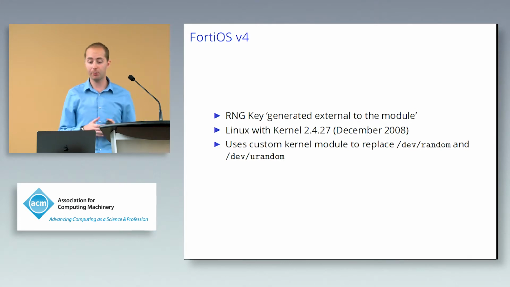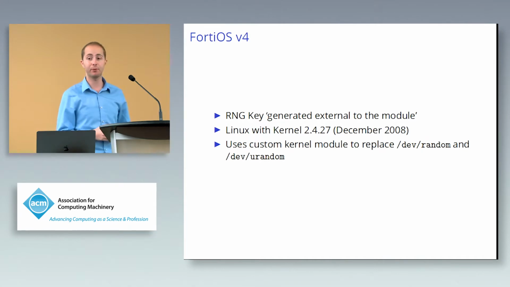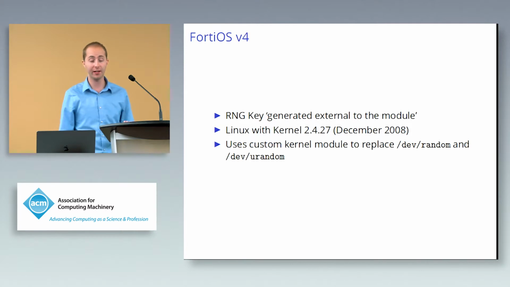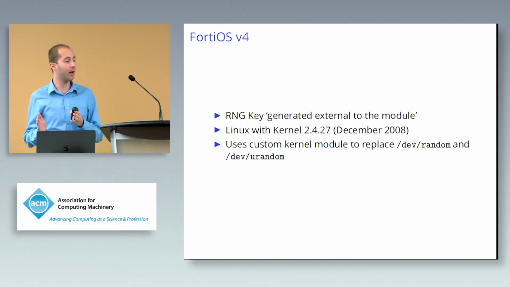Reverse engineering their firmware, we found that it revolved around an old Linux kernel, roughly contemporaneous from the time of 40OSV4, and it used a custom kernel module that was loaded at boot time to replace the Linux pseudo-random number generator, /dev/random and /dev/urandom, with their own ANSI implementation. This was done so that any outputs of their pseudo-random number generator would meet the FIPS approval standard.